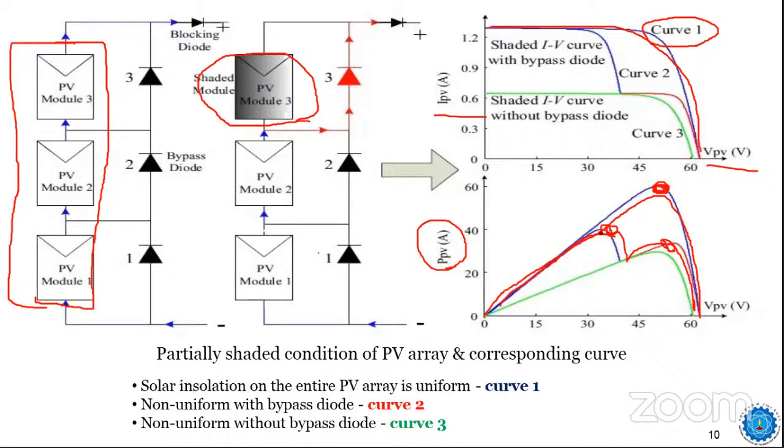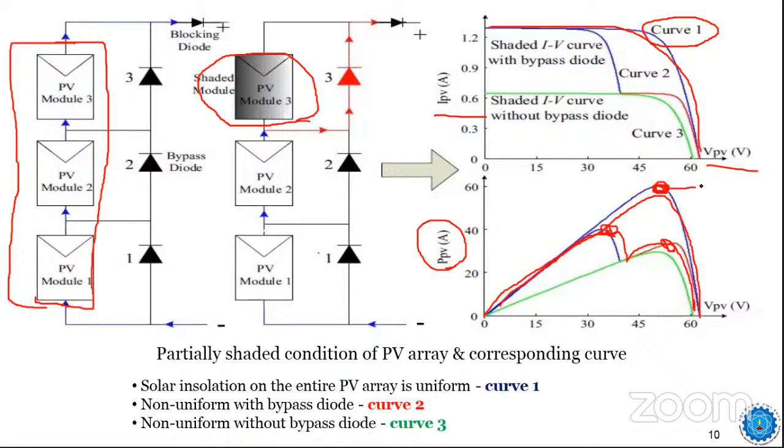In all these conditions, we need to track the maximum power point, right? Because the characteristics are highly nonlinear. That is the reason people are now trying to develop different optimization based techniques and artificial intelligence based techniques to track the maximum power point.